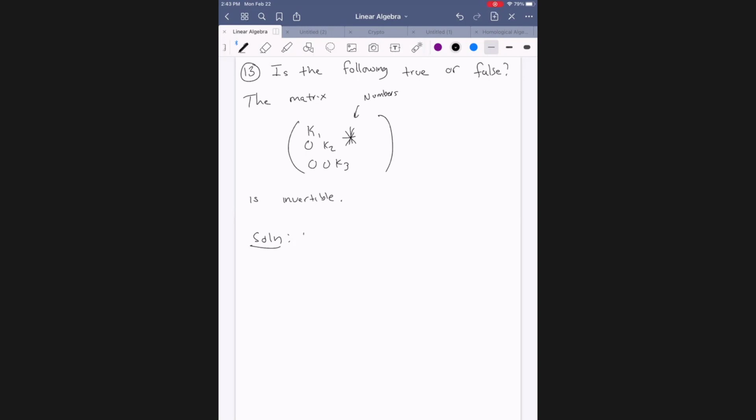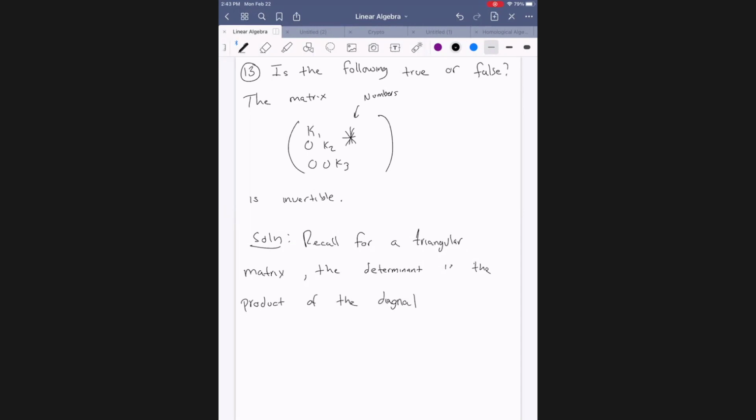Recall for a triangular matrix, the determinant is the product of the diagonal.